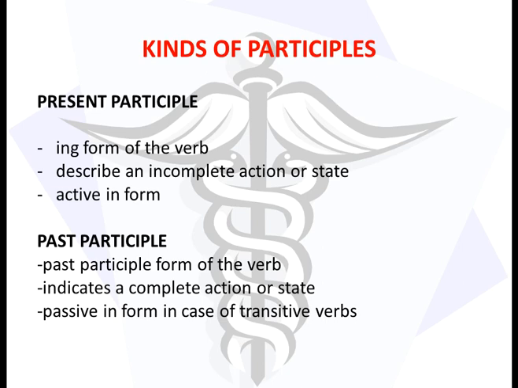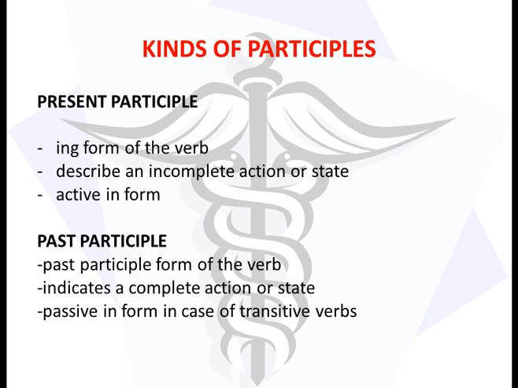The painted shop, the process of painting is complete. If the past participle is formed from a transitive verb, it is passive in form. For example, the wounded soldiers. The soldiers were wounded. This is the passive. The painted shop. The shop was painted.